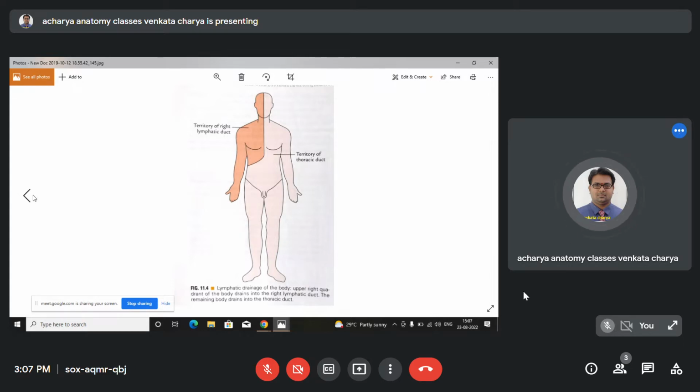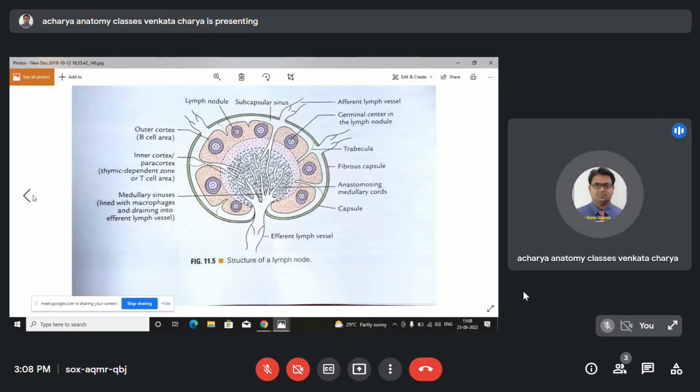Are you getting? Then let's talk about the lymph node structure. See here, this is a lymph node structure. Whenever we collect a small lymph node, we do the 24-hour tissue processing technique.